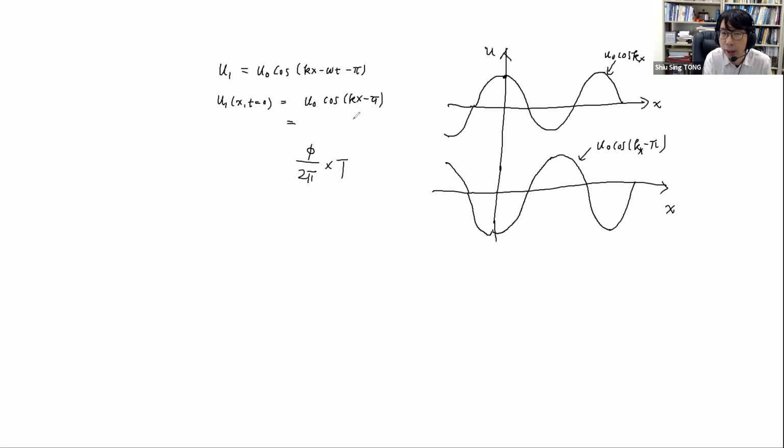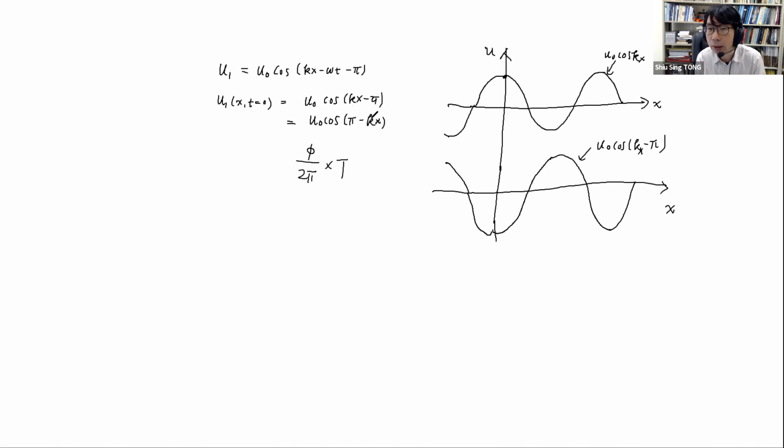I can write it, if I invert this, as u naught cosine(pi minus kx), right? It doesn't matter if I invert the two, because cosine of a negative value is just a cosine. Cosine is an even function.